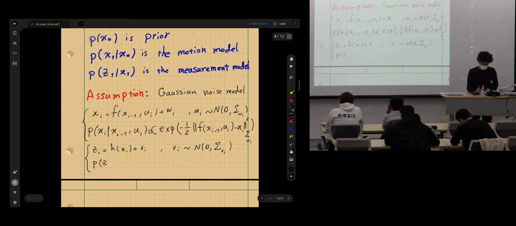So the likelihood model is the probability of zi given xi, and that is proportional to the exponential of -1/2 of a norm weighted by the noise covariance of the model minus the measurement.